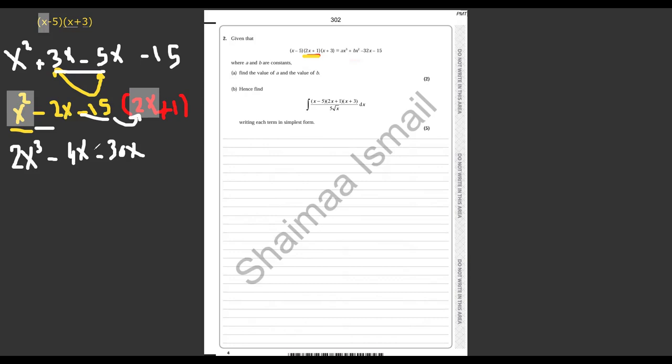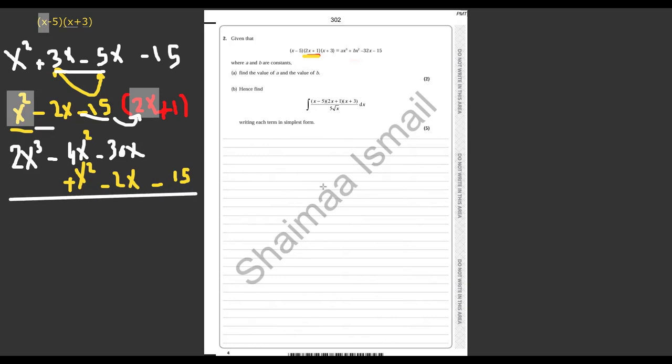So here 4x squared minus 4x squared, so here plus x squared. Okay, minus 2x minus 2x and minus 15. Okay, and now I'm going to merge the like terms together.